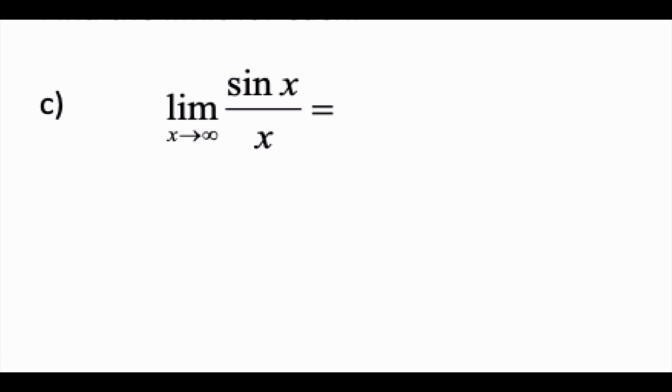They can't get any bigger or smaller than that. So that's not growing very fast, right? The bottom is a polynomial, so that one's going to grow faster. So we would say this equals 0 because it's bottom heavy.